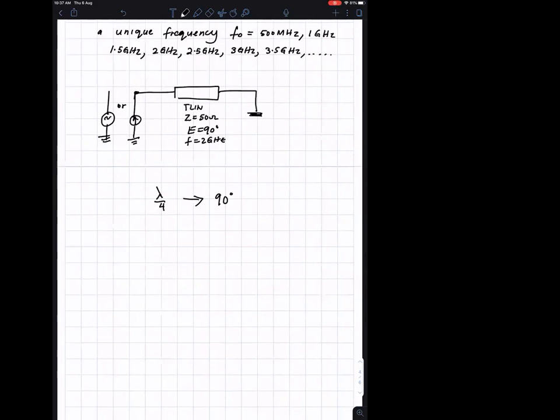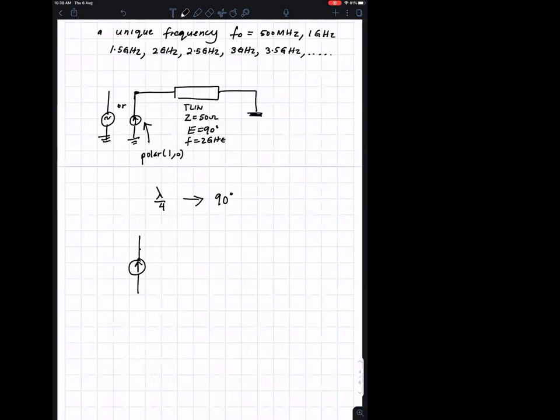Then you compare that with the schematic. Let's say you're using a current source. Of course, here you have to define something. There are many ways to define it.